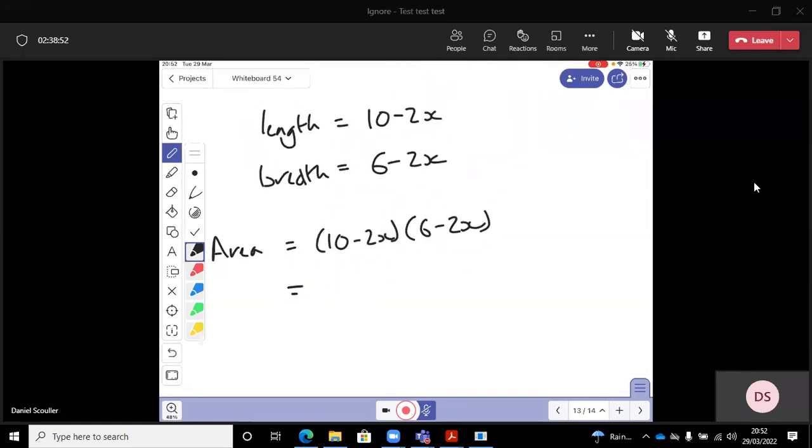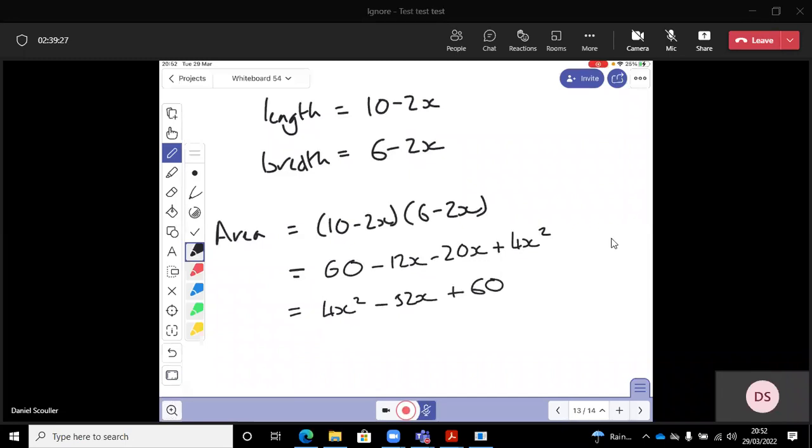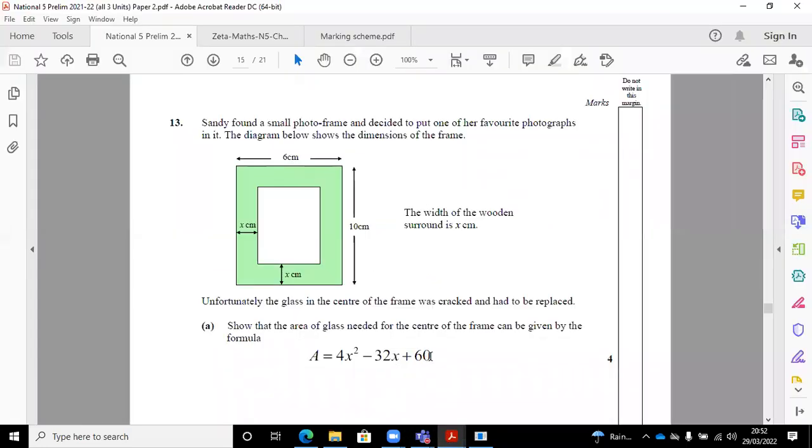And then we multiply it out. Rearrange it in the format where we know. And that should equal that.